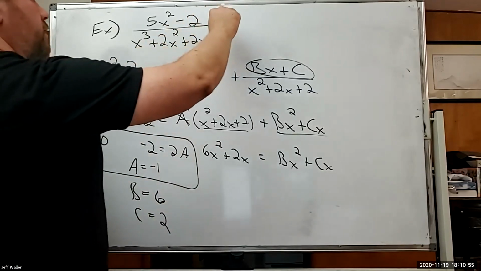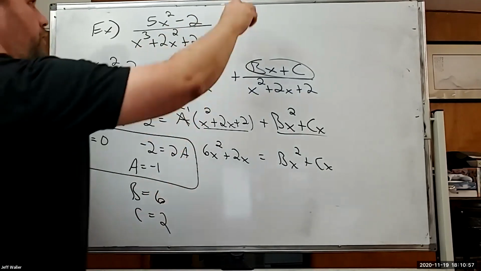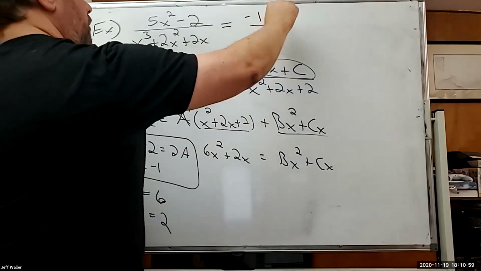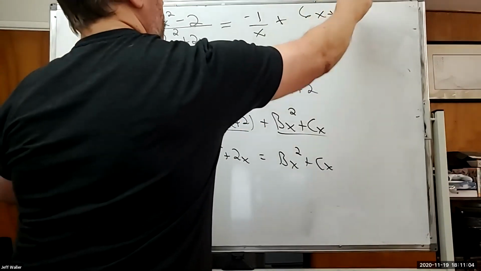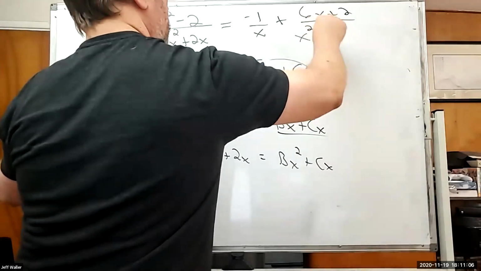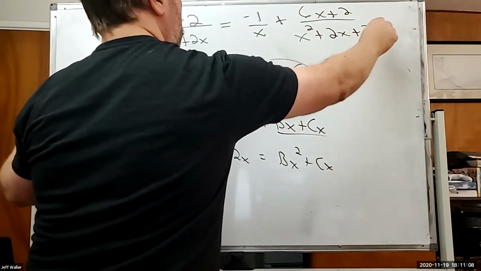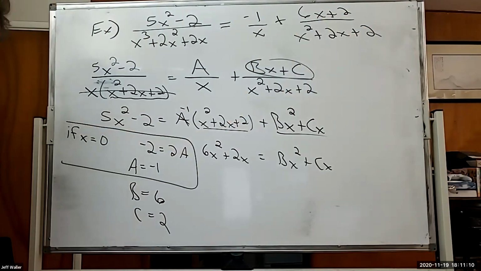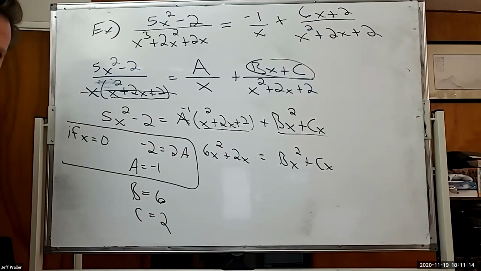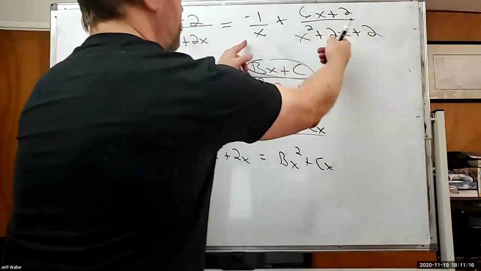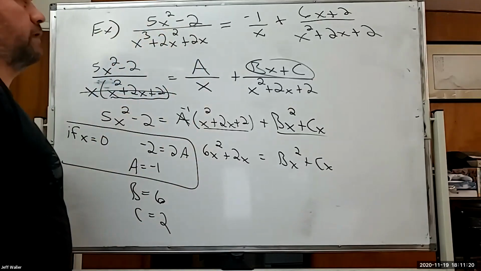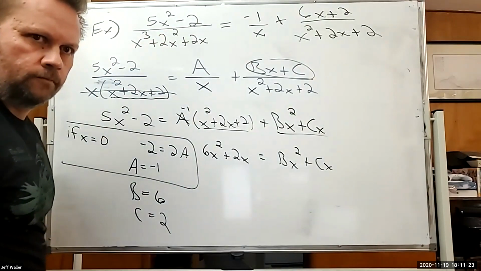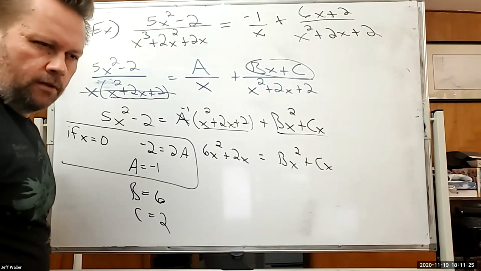So then I know this equals -1 over x plus 6x plus 2 over the irreducible, over that thing. And again, if you did get LCD, you put these things together, it would become this. That's the whole idea. Just doing that backwards. Okay.